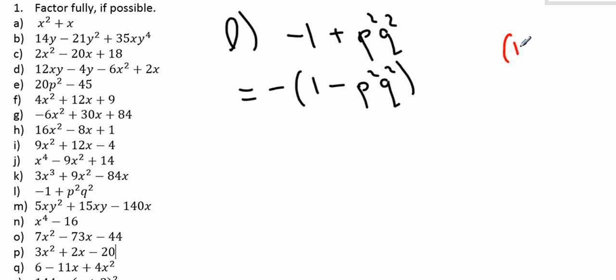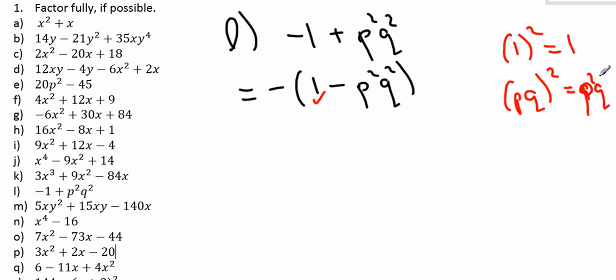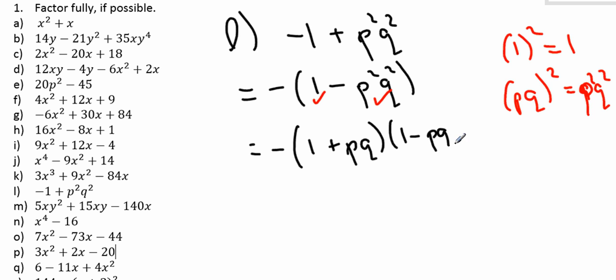Yes. 1 squared is 1, so this is a perfect square. And PQ squared is P squared Q squared, so this is also a perfect square. And so to factor a difference of squares, it factors into the conjugates of the roots. So 1 plus PQ and then 1 minus PQ.